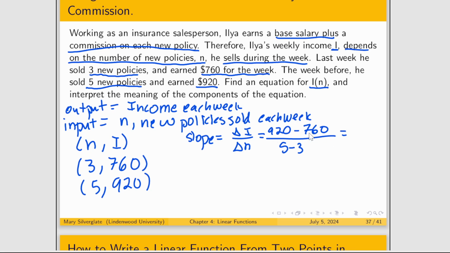So 920 minus 760, that gets us 160. 5 minus 3 gets us 2, so our slope is 80.